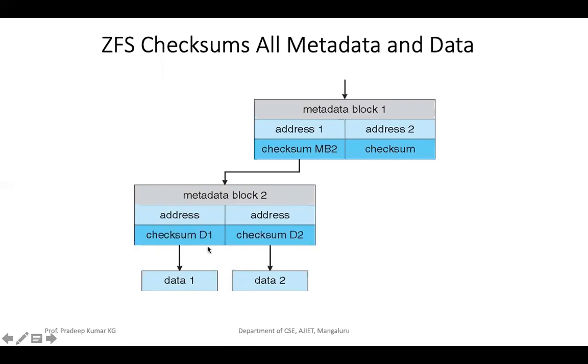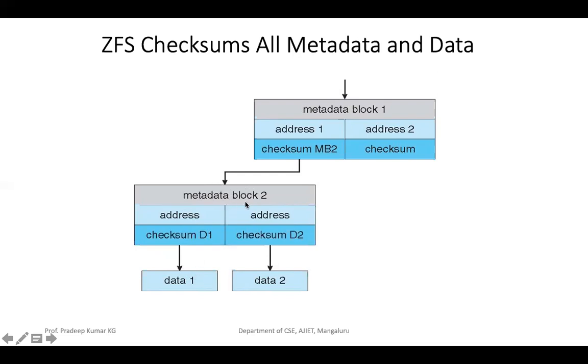If data 1 is altered, checksum D1 will identify it, diagnose it, verify it, and then give a solution for that. Address: this particular address will have the address of data 1, so that it is easier to trace out where data 1 is available.